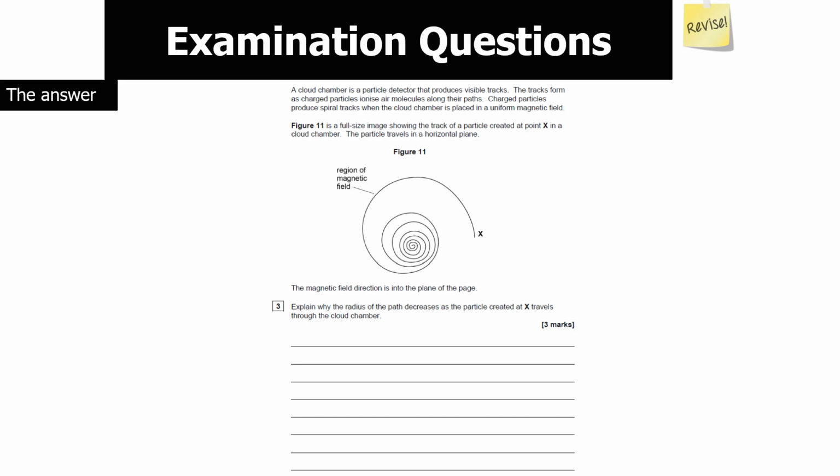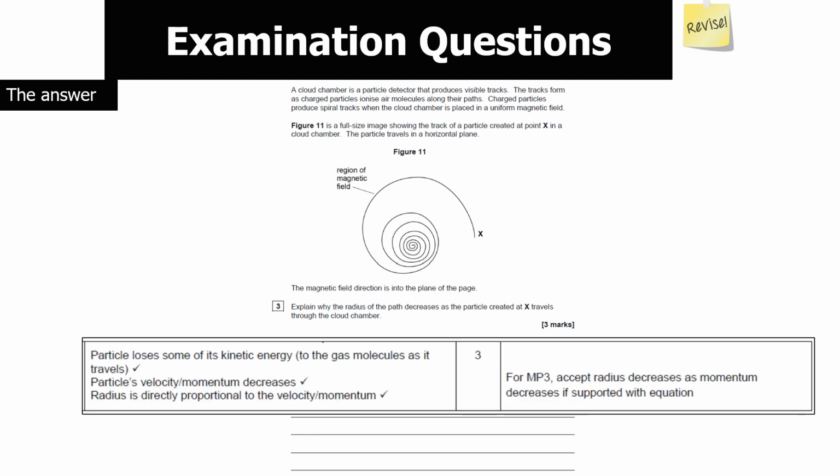Right, so how to answer this particular question? It's important to note that as it's going through the cloud chamber, it's colliding with the particles in the chamber. So it's going to lose some of its kinetic energy as it whacks into them. Now, the particle's velocity will therefore decrease, and its momentum will decrease.